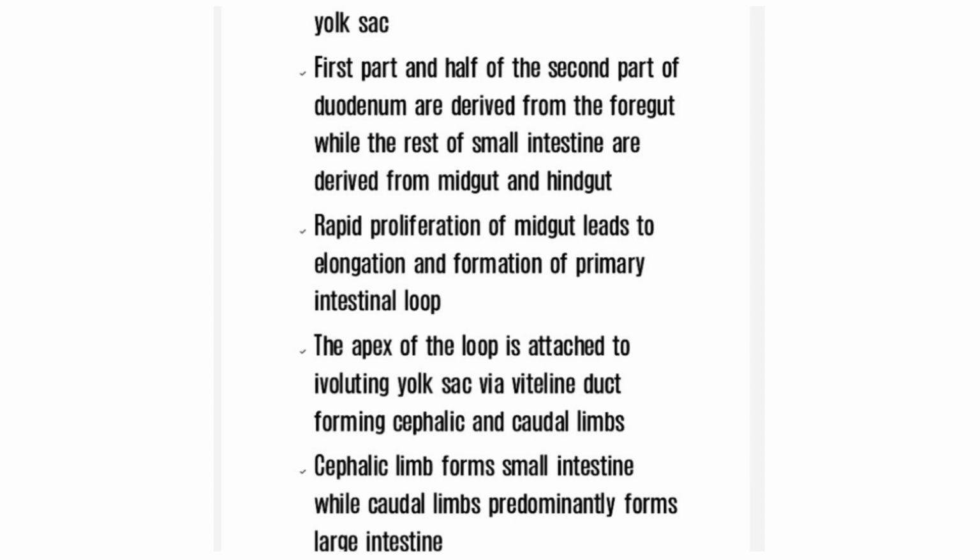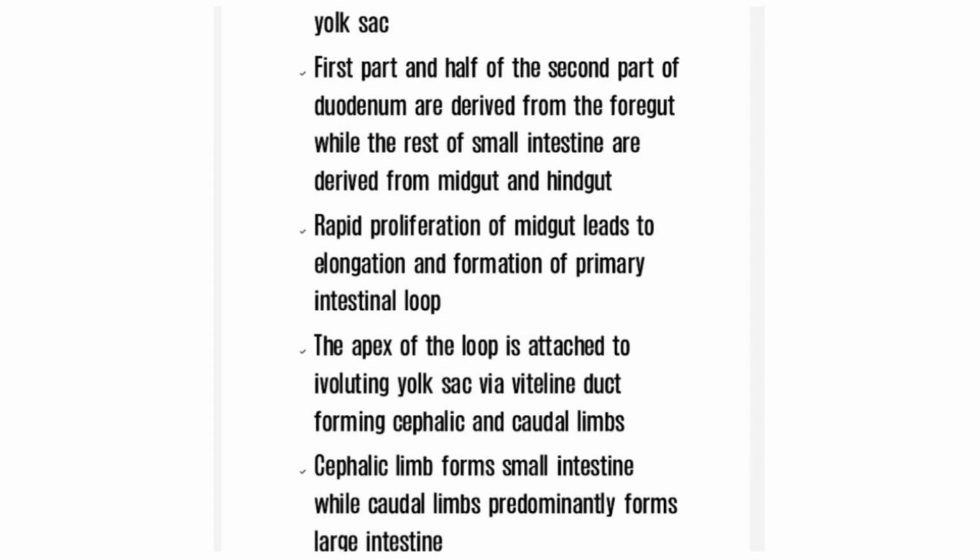At the 10th week of intrauterine life, these intestinal loops return back in what you call the hernia reduction. That process is physiological hernia reduction, with the duodenum being the first one to return. And during the return, the large gut rotates another 180 degrees in an anticlockwise direction.